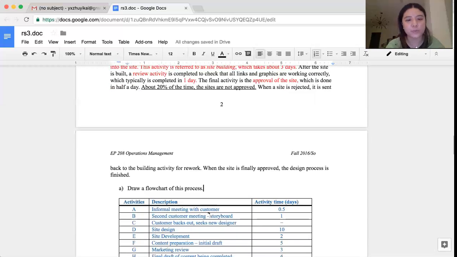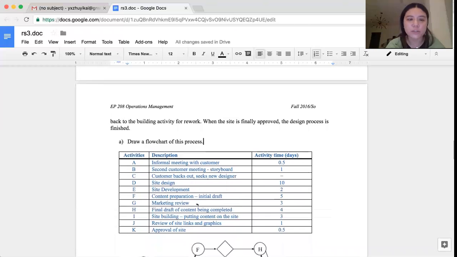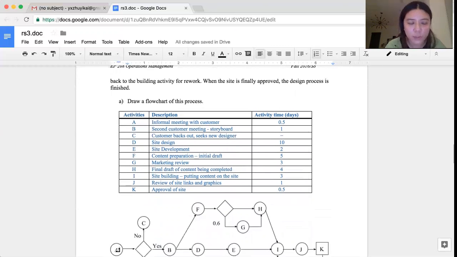First, we better draw a diagram like this. We denote from A to K as the activities' names, so in the flowchart we can just use the activity code names instead of writing the descriptions here.